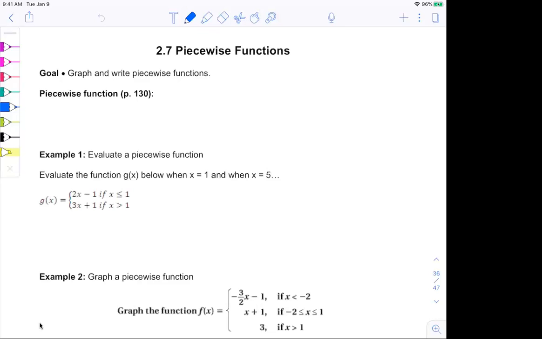So a piecewise function is still a function. That means each x must have one y. So that's the key to think about. It still has to be a function. It still has to pass the vertical line test. So it's a function defined by 2 or more equations.